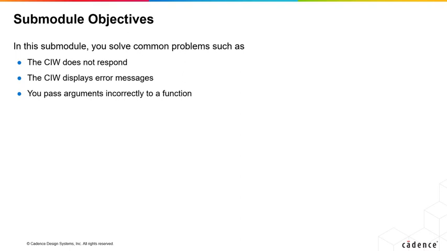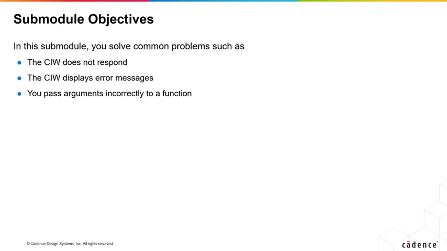When you're working with skill, occasionally you're going to run into some problems as you're entering commands. What we want to do at this point is talk about some ways to identify those errors and fix them. The first situation is where you're entering data and at some point it appears that the CIW is not responding.